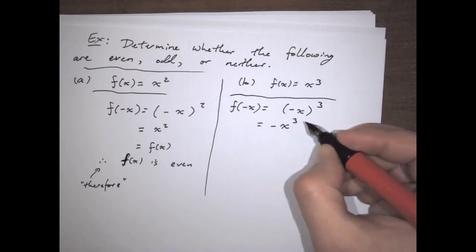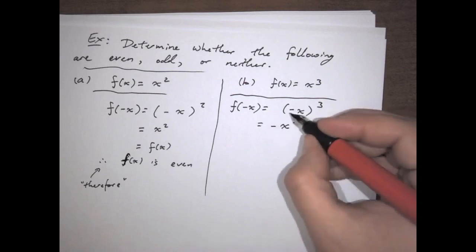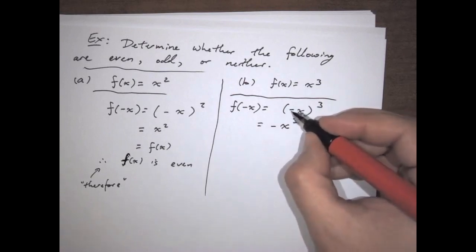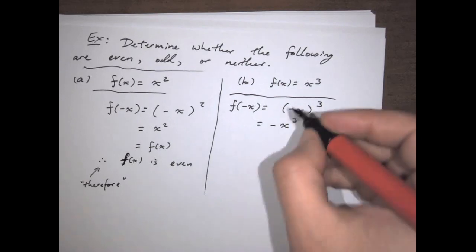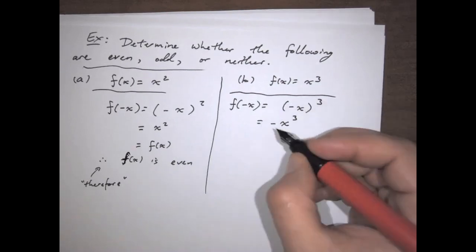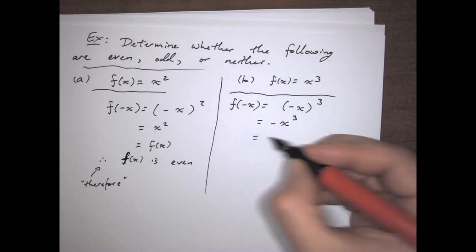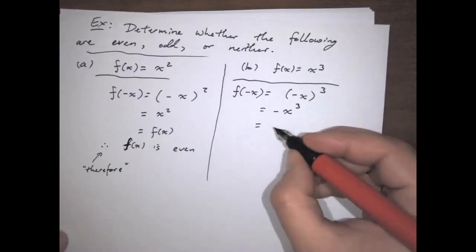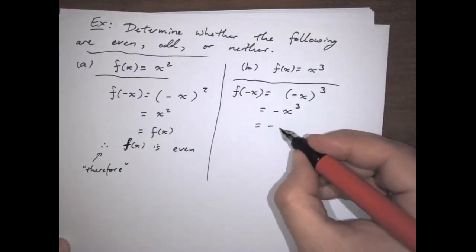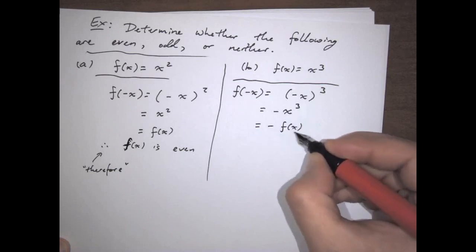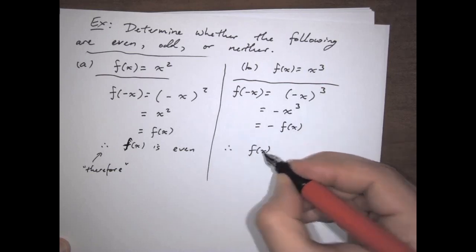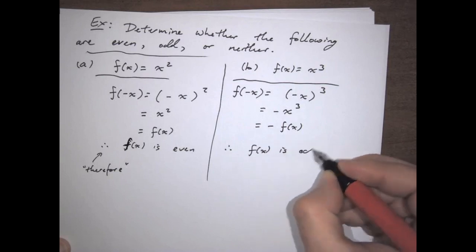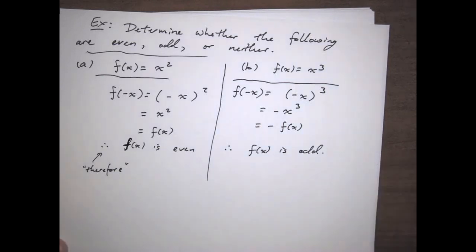So this is actually the same as if it weren't even in the parentheses in the first place. You can just basically pull it out. And so this is the same thing as the opposite of the original function, which means therefore f of x is odd.